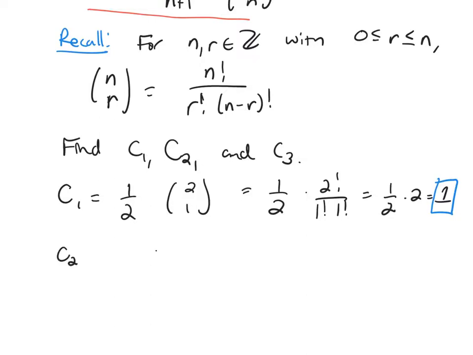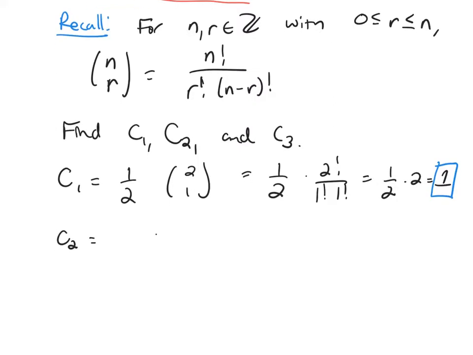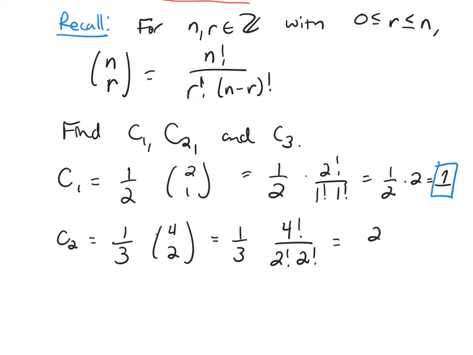Now let's look at C2. Go back to your formula and plug in n equals 2 into it, so you'll get 1/3 times 4 choose 2, which is 1/3 times 4 factorial over 2 factorial times 2 factorial. If you simplify all that, you should get 2.